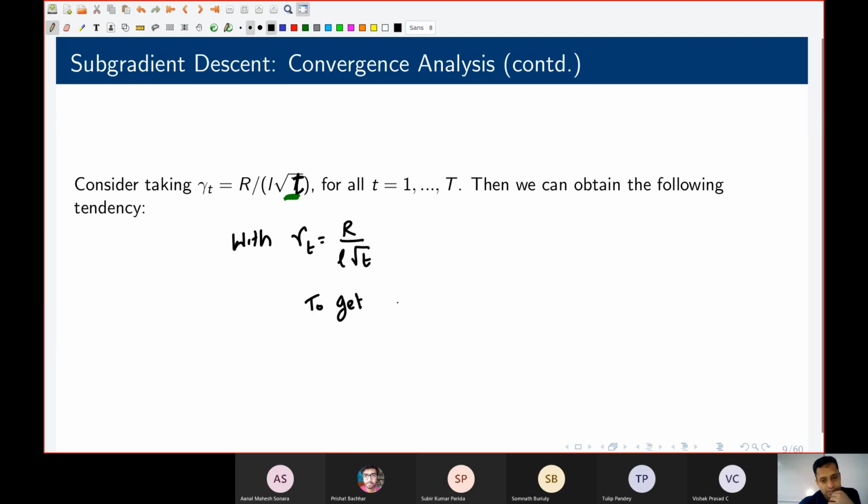So if we say I want to get f of x t best minus f of x star less than or equal to epsilon, it requires how many iterations? T to be greater than or equal to what?